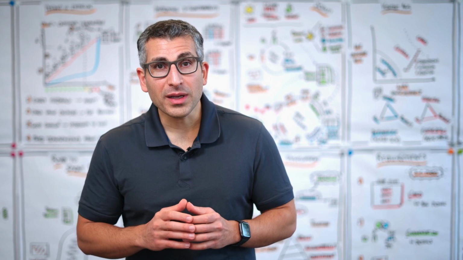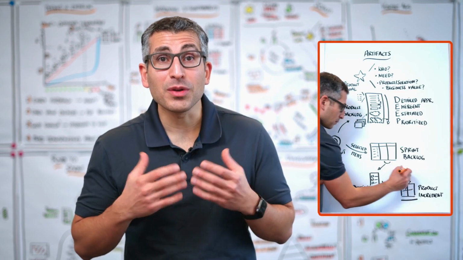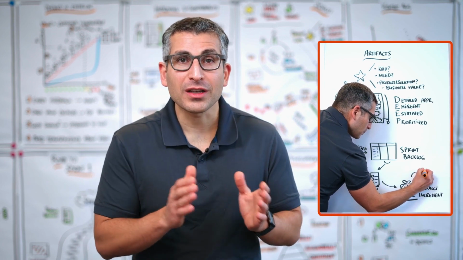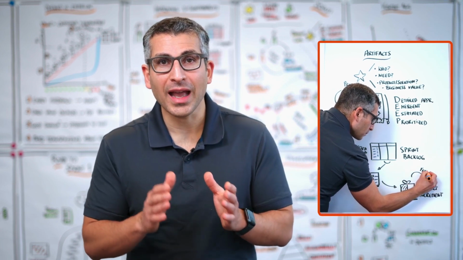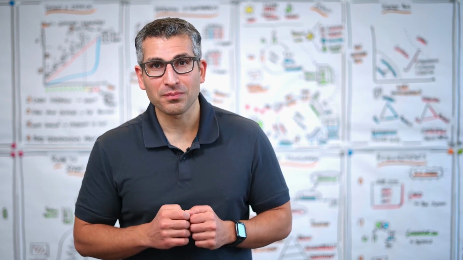This product increment can be demonstrated to our stakeholders, it can be reviewed, and we can get feedback based on that so that we can do inspection and adaptation. Again, empirical process control.